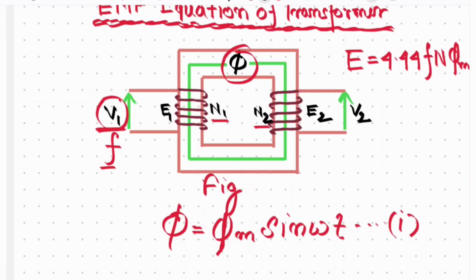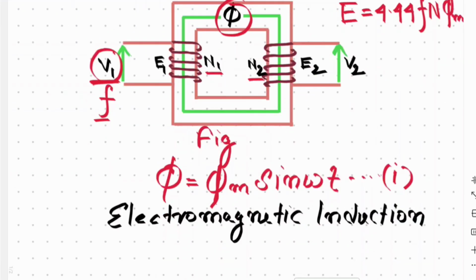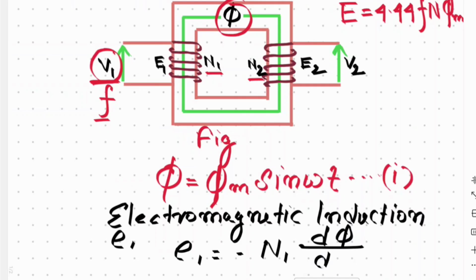Now according to the principle of electromagnetic induction, the instantaneous value of EMF E1 induced in the primary winding is given by E1 is equal to minus N1 d phi by dt.